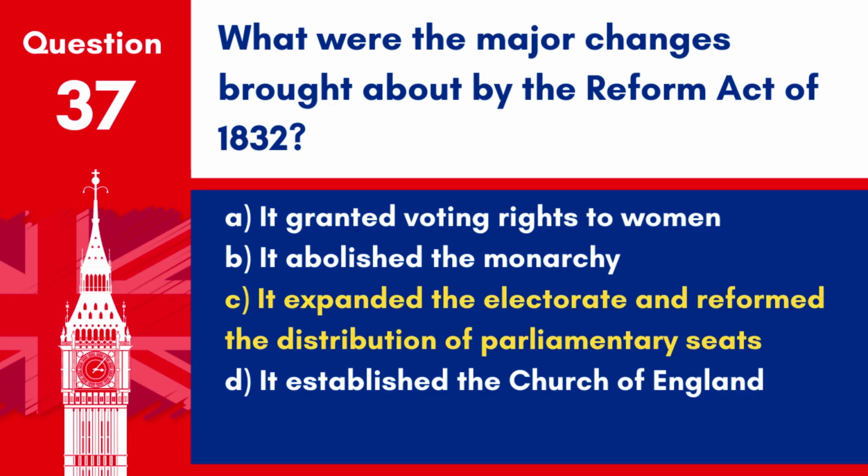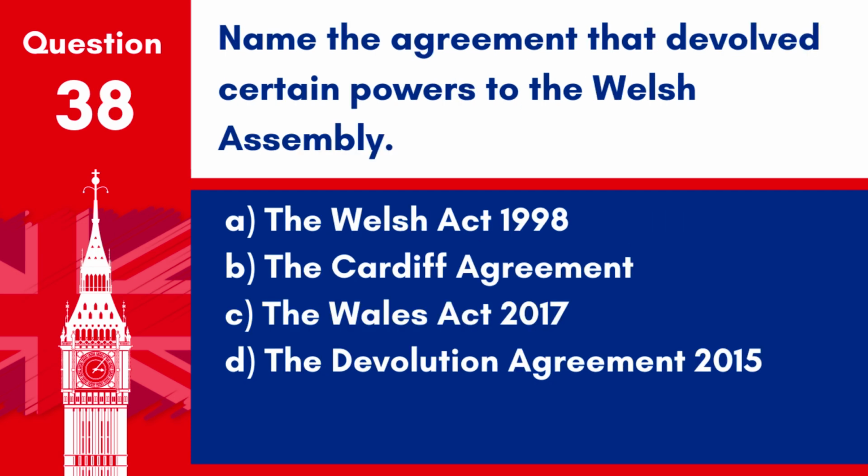Answer: C. It expanded the electorate and reformed the distribution of parliamentary seats. The Reform Act of 1832 made significant changes to the electoral system by expanding the electorate and redistributing parliamentary seats more fairly.